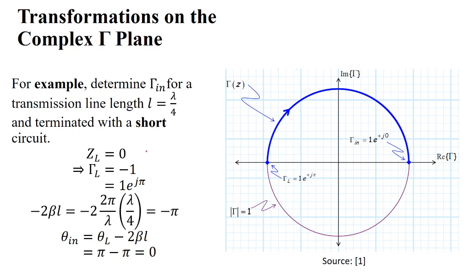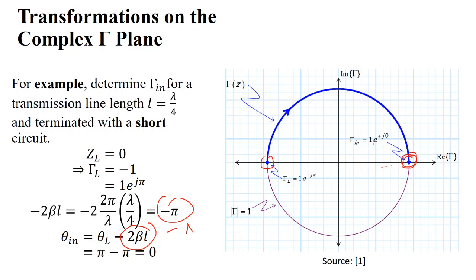Similarly, if it is a short circuit and you move lambda by 4, then it will act as an open circuit. You will reach this point because then the 2 beta L will be your pi. You are getting a pi here minus pi, and you will reach this point here. So it is the open circuit point or short circuit point. At lambda by 4 distance, your line will be the opposite of the short circuit, that is, an open circuit.